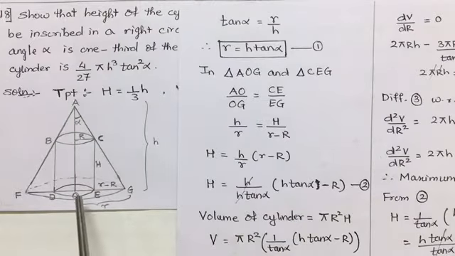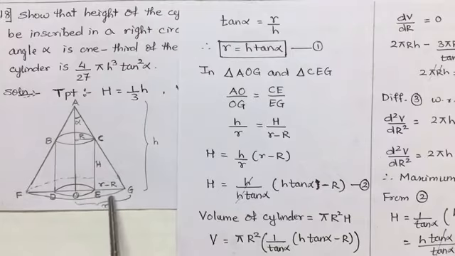Now taking up the triangle AOG and triangle CEG, the value of EG will be the radius of cone minus the radius of cylinder.